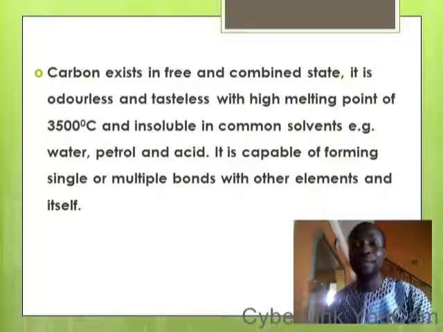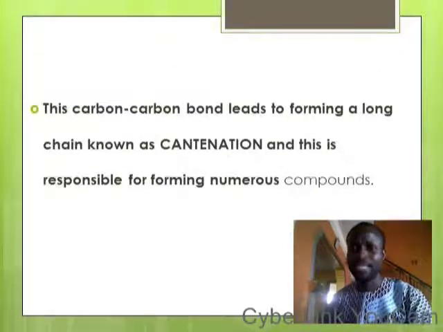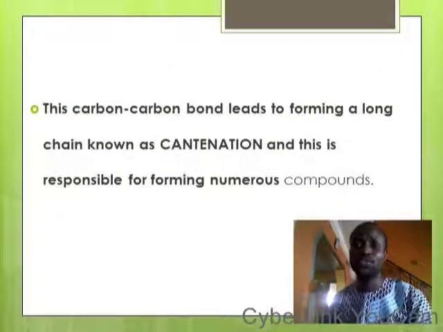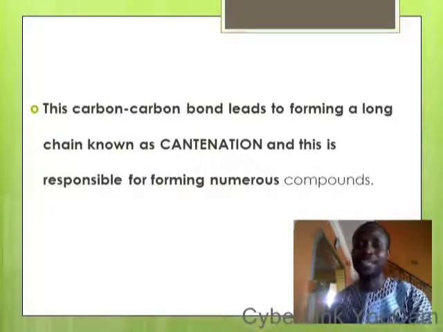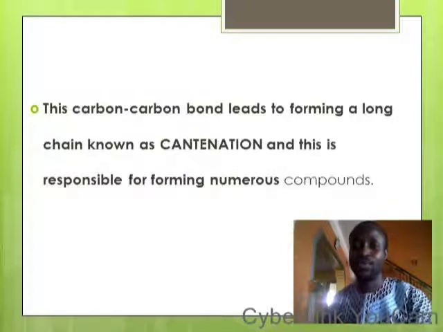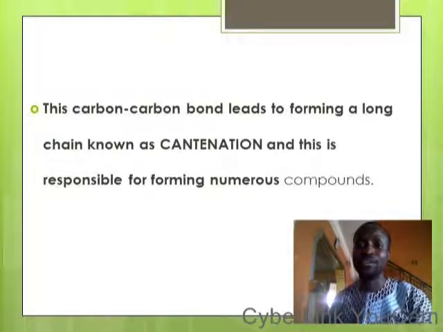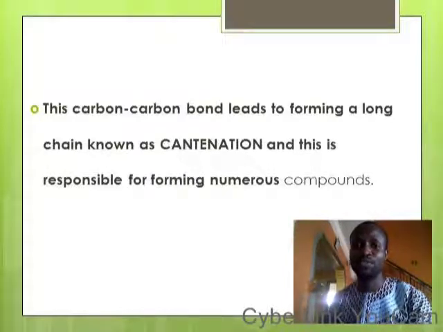It is also capable of forming multiple bonds. The ability of carbon to combine with itself is called catenation. Catenation is the ability of carbon to bond with itself, forming a chain. This is responsible for the numerous carbon compounds.